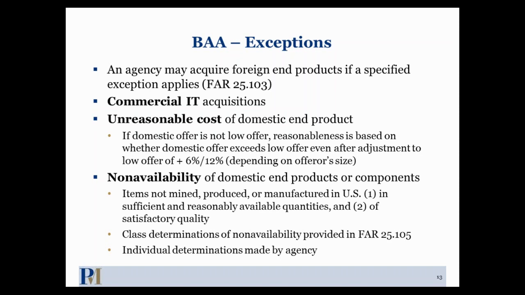The part to note that would facilitate this exception is that if the acquisition has been conducted through full and open competition and was synopsized in accordance with the FAR, and they didn't get any offers of domestic end products, then they don't need a written determination of non-availability, so you can sort of use the ends to justify the means.